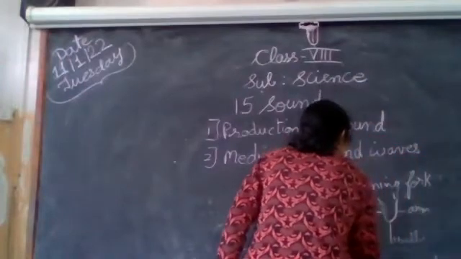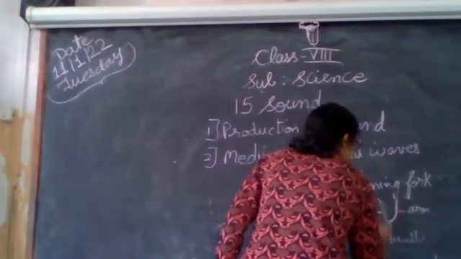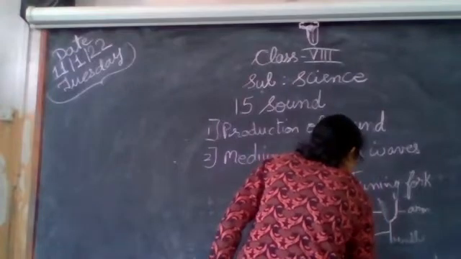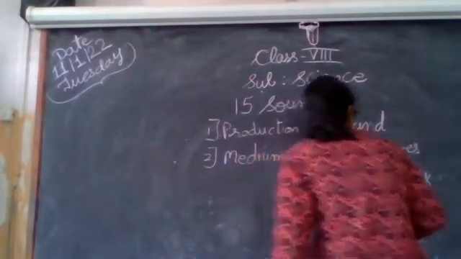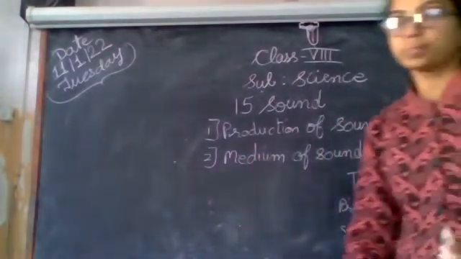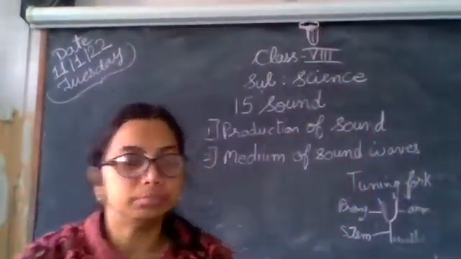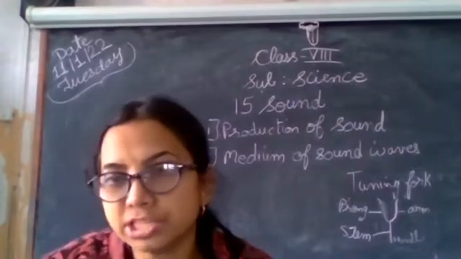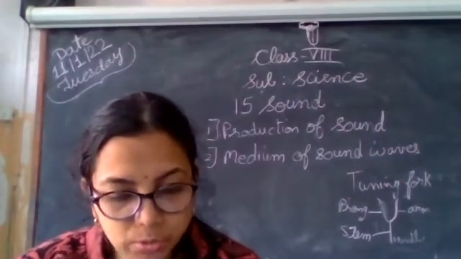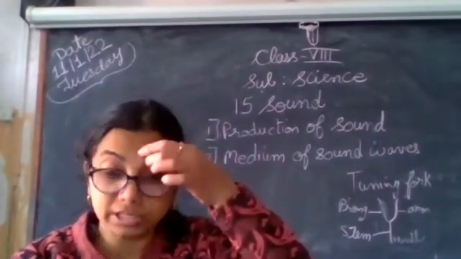So we call this a prong. This is called a stem. This is an instrument. Those who were coming to school have seen this tuning fork in our school. And how it works.